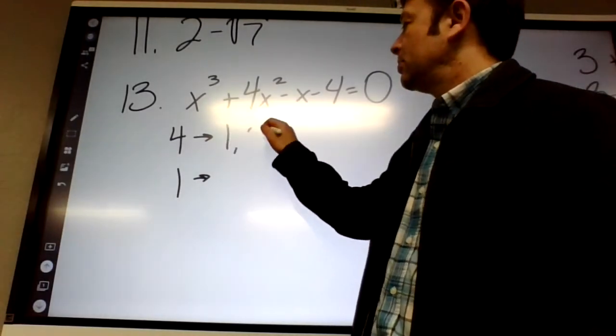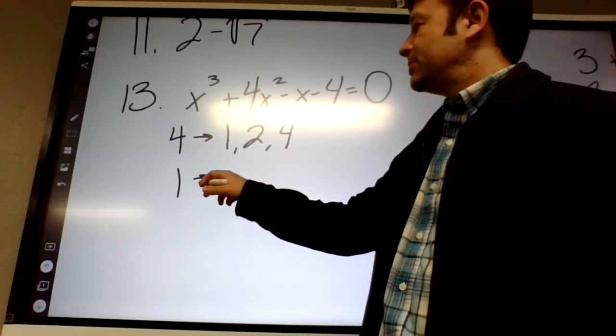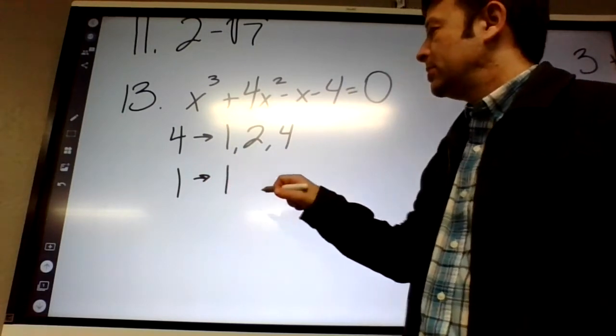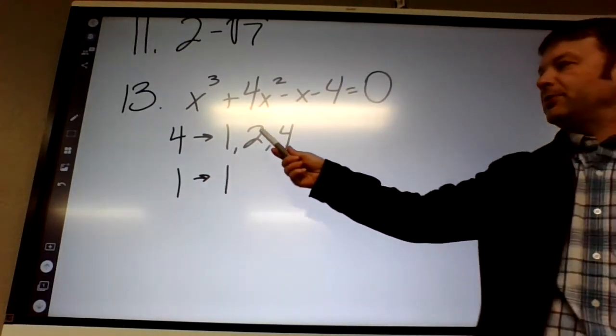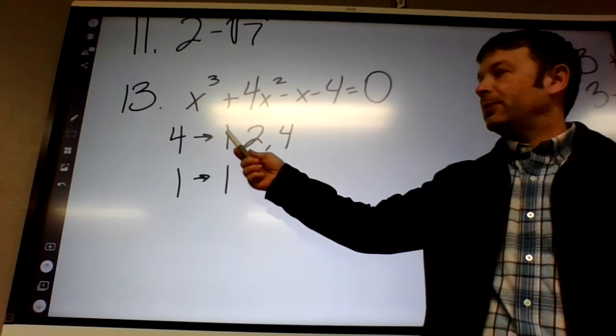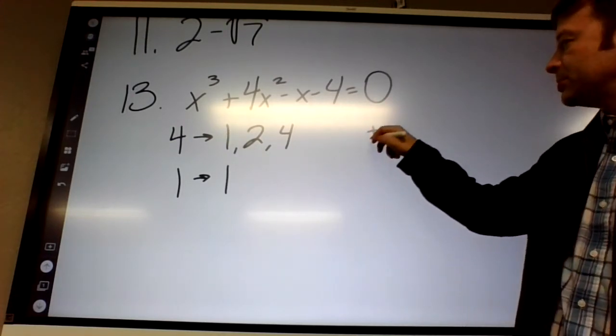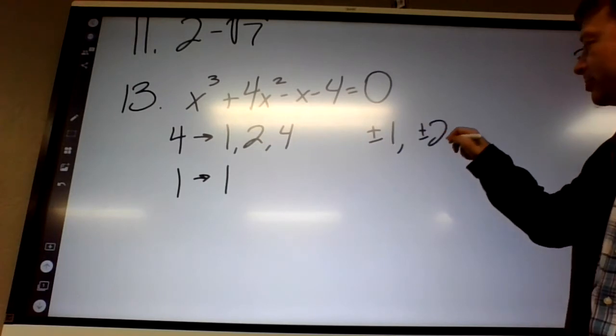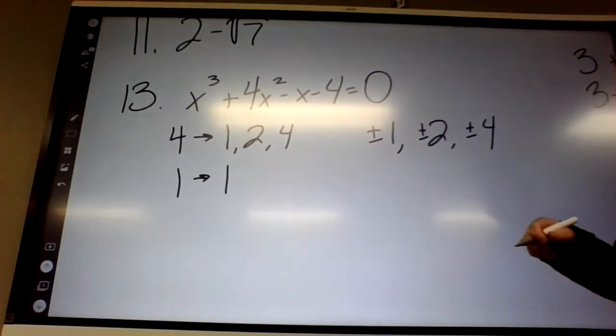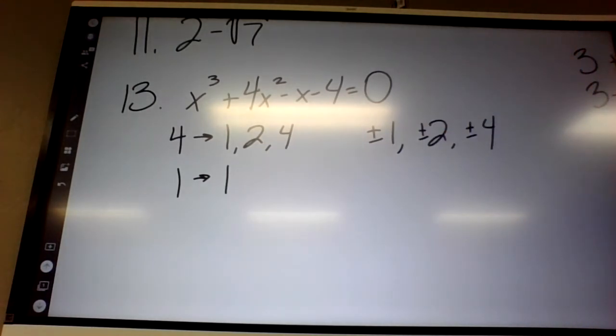Plus or minus 1, plus or minus 2, plus or minus 4. What are the factors of 1? 1. Okay, so the possible answers are 1 over 1, 2 over 1, 4 over 1, or just 1, 2, and 4. But they could all be positive or negative, so there are 6 possibilities.